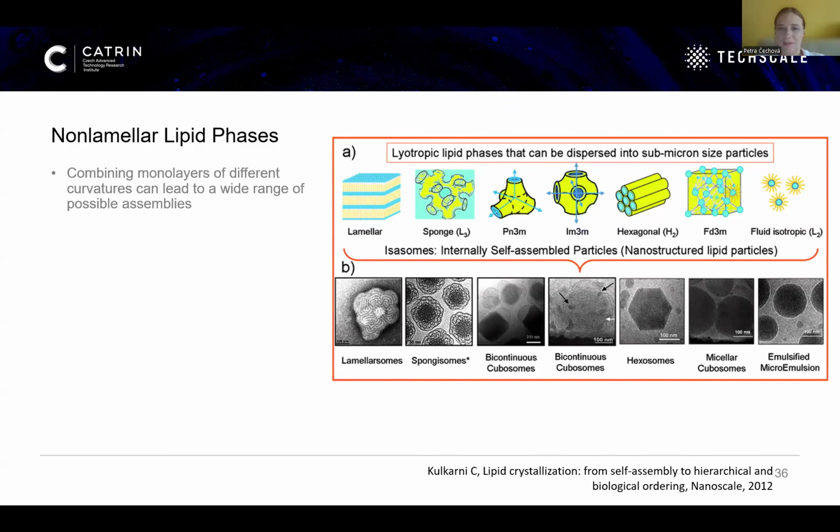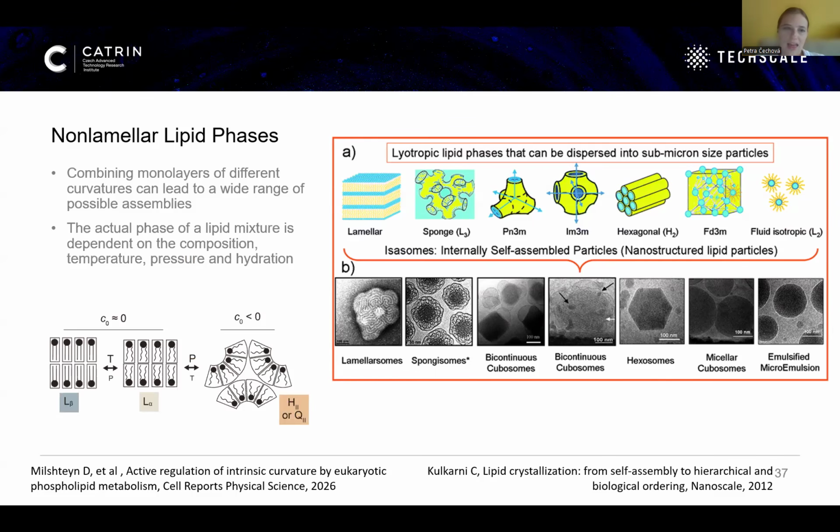There are these Pn3m, Im3m, and Fd3m phases that actually can move between each other. They are based on the minimal surfaces, and they are really very complex. This is one of the clearest depictions of what they actually look like. We have the hexagonal, inverse hexagonal phase, or you have just fluid isotropic phase with just bubbles of the solvent.